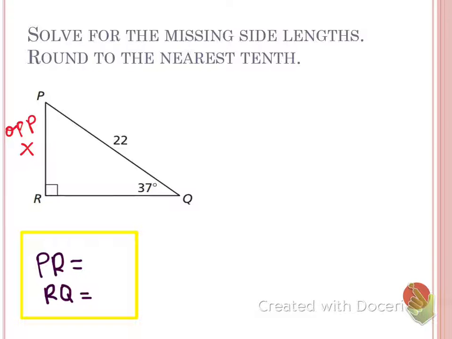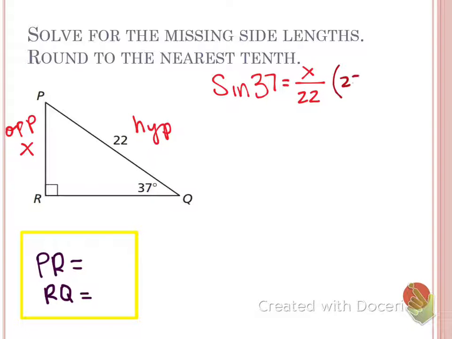But what kind of side is PR? Opposite. And what kind of side is 22? Hypotenuse. So which trig ratio are we going to use? Sine. From what angle? 37 degrees equals the opposite, X over the hypotenuse, 22. Do I need to flip this?